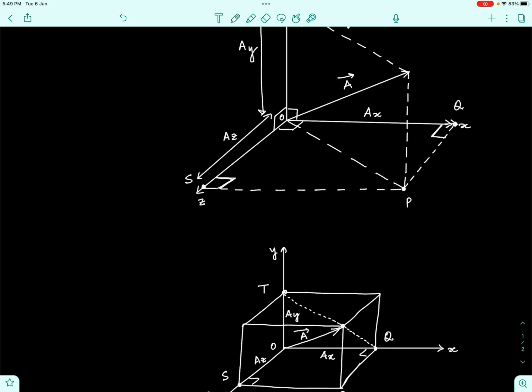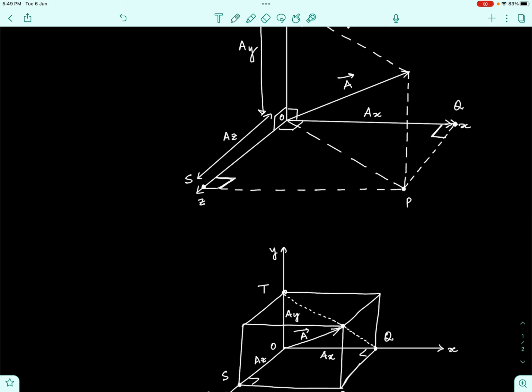right. So, a vector which is in 3 dimensions will have its 3 mutually perpendicular components, each along the x, y and the z axis, representing the 3 sides of a cuboid, which will have its body diagonal as the main vector A. Okay.